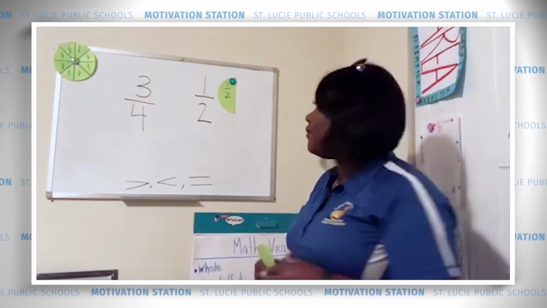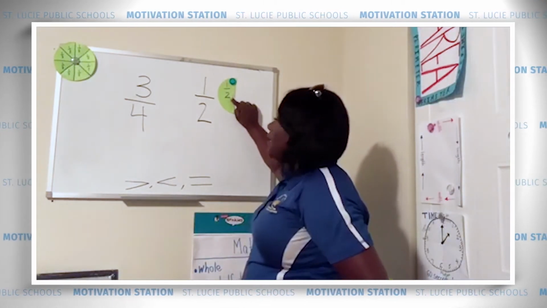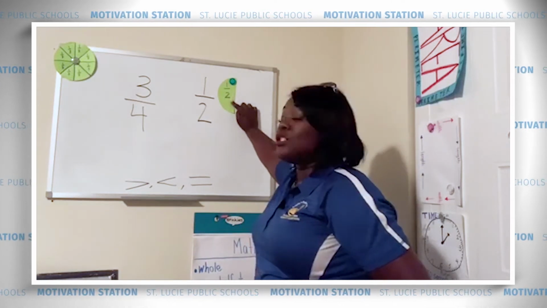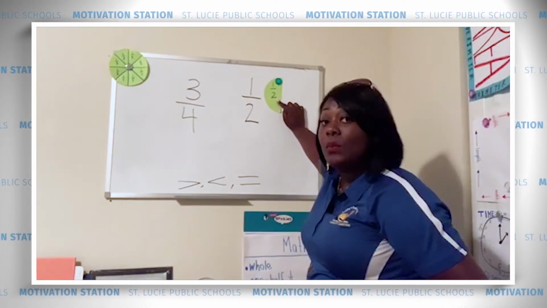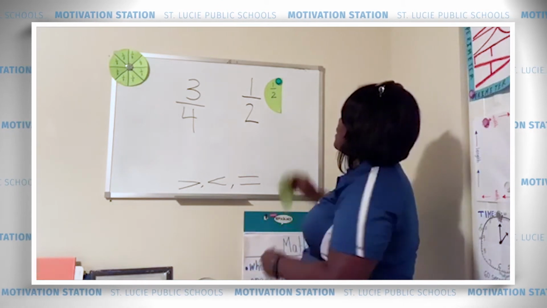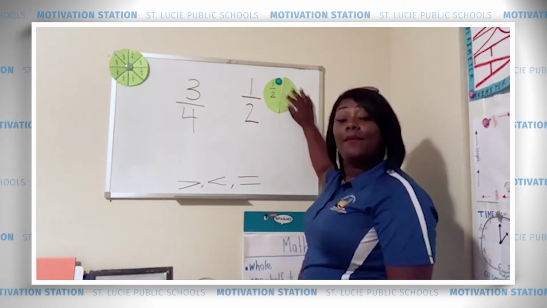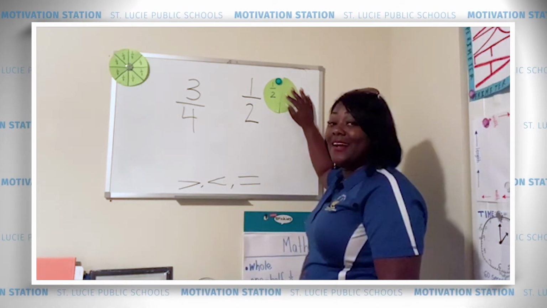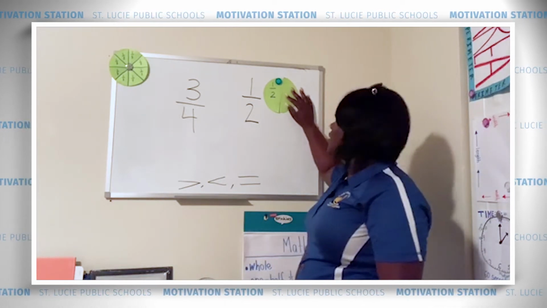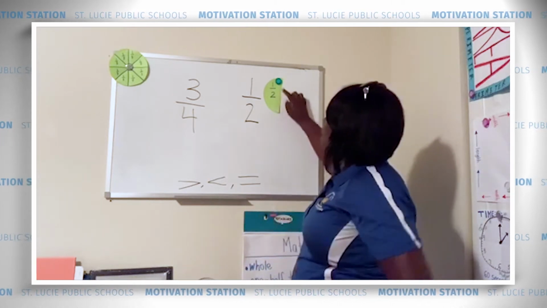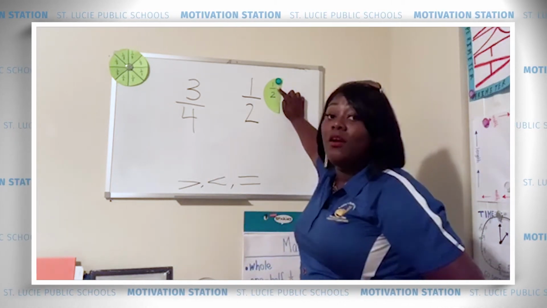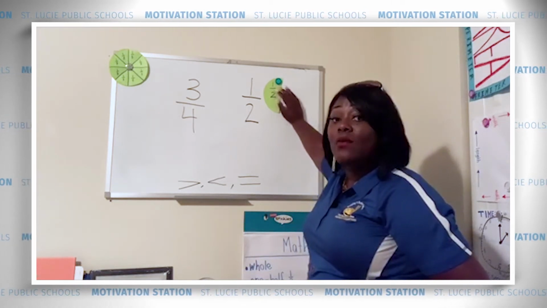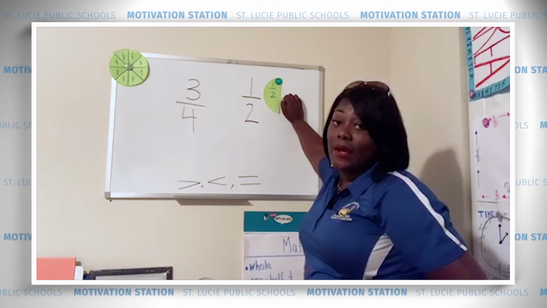Let's talk about the actual fraction. The number at the bottom, also called the denominator, refers to how many parts the whole was cut into. So let's review. How many parts was the whole cut into? 2 equal-sized parts. Good job. The number at the top of the fraction, also called the numerator, refers to the amount of the whole that is being described.